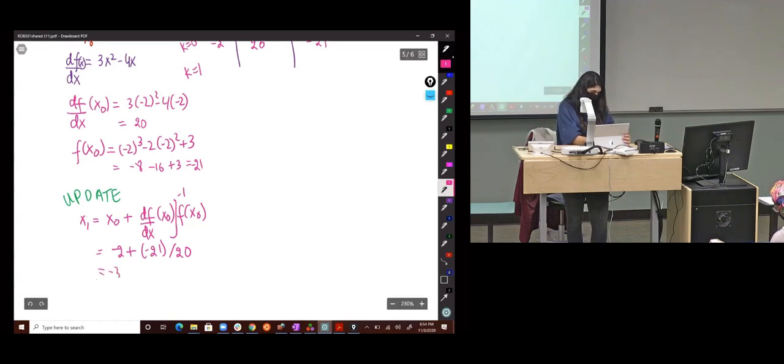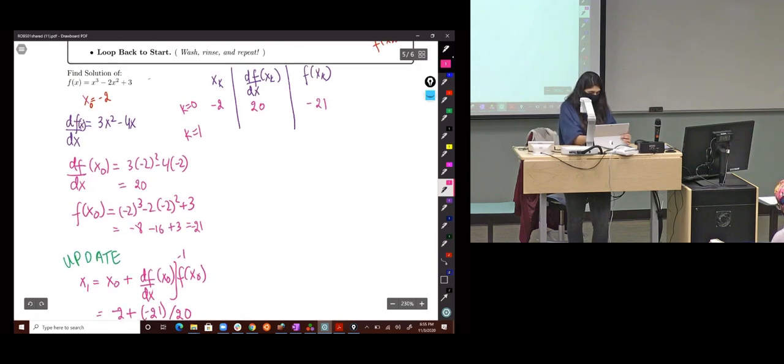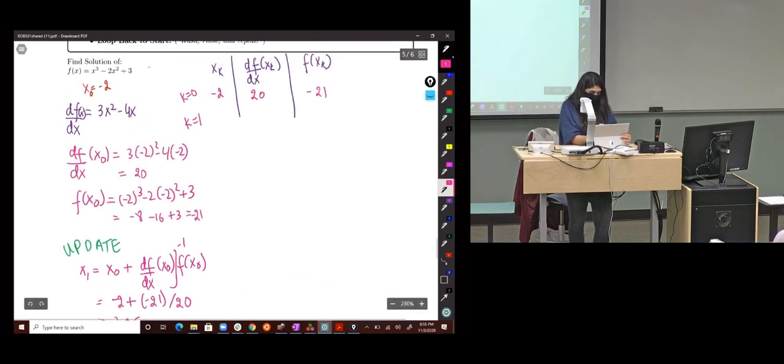This is minus 3.05. Put it here, get minus 3.05, and then similarly you'll calculate df by dx of x1 and f of x1. And we stop when f of xn is approximately 0.